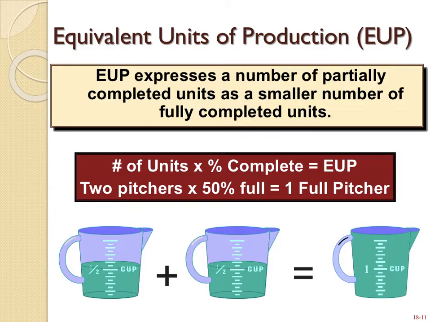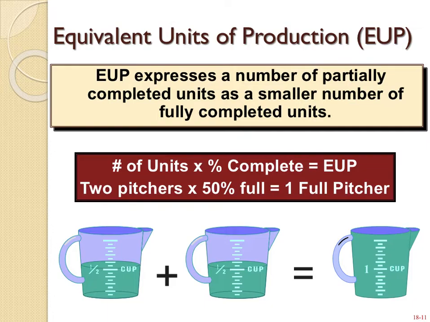So, I'm going to give you a really simple example here. Again, I want to start with simple and I want you to understand the simple concept, so then when I say equivalent units of production in class, you'll be like, oh yeah, I remember the water pitcher example, okay? And then it'll make the more complex work that we do in class and in your homework make more sense to you.